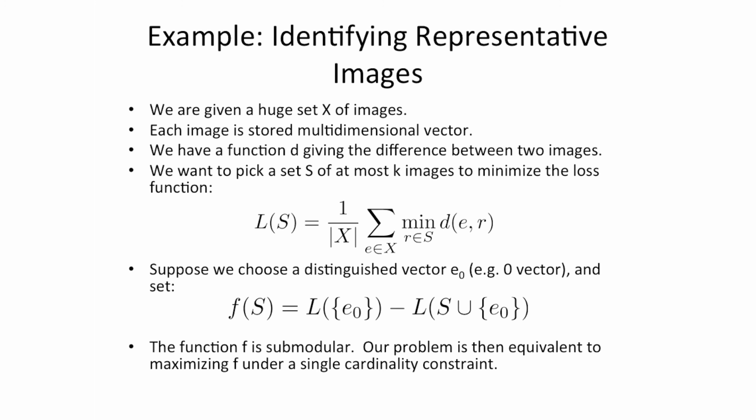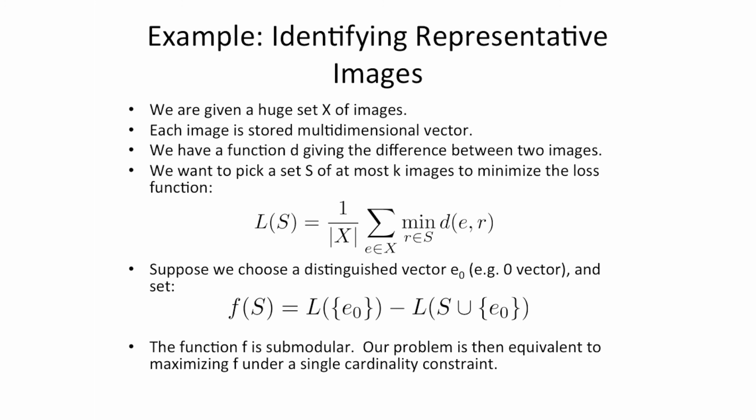Here we'll think of this huge set of images as a huge set of vectors. Each image will be a vector in very high dimensions. We also think about the setting where we have some information about these images. In particular, we know how different they are. We have some function that tells us, given two images, how different they are. OK? And we want to pick k of these images and minimize a certain loss function. This loss function is a normalized k-median objective.